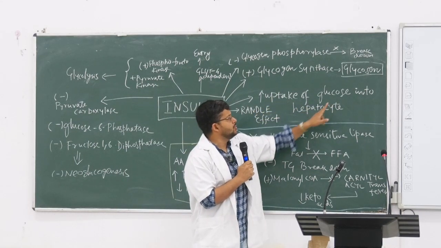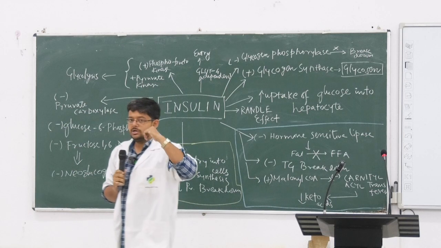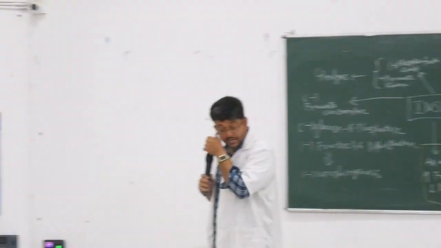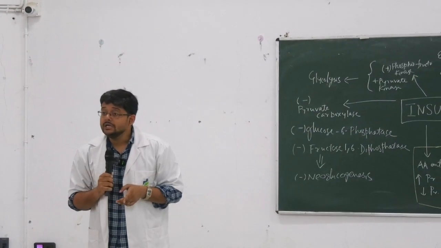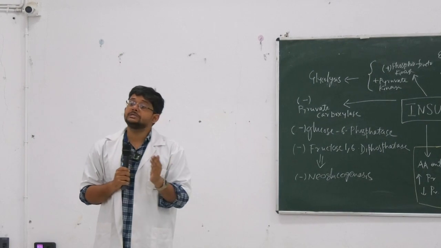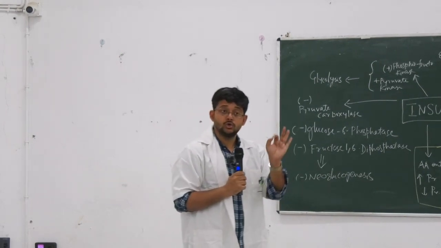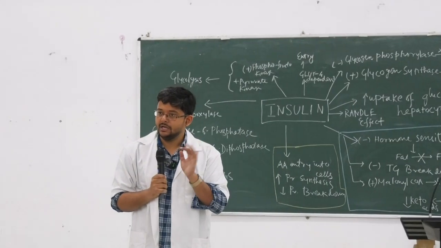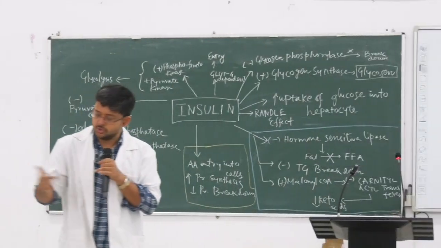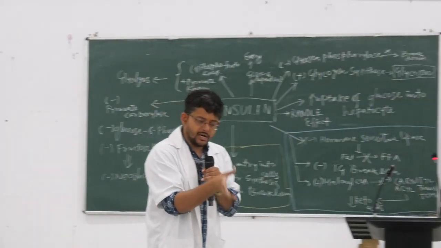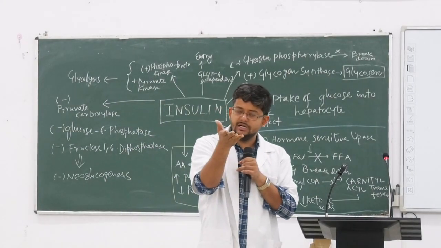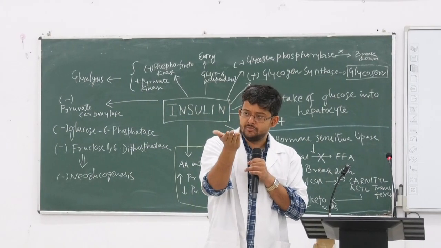Increased uptake of glucose into hepatocyte. Hepatocyte glucose entry is to some extent insulin independent. I said last time, because GLUT2 is acting over there. Whenever glucose increases in blood, hyperglycemia is happening.